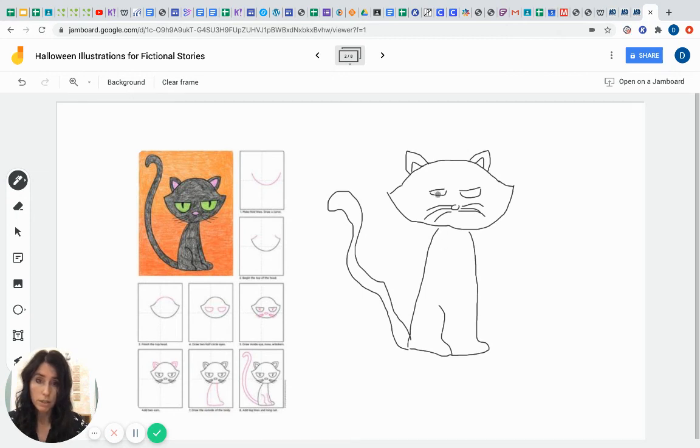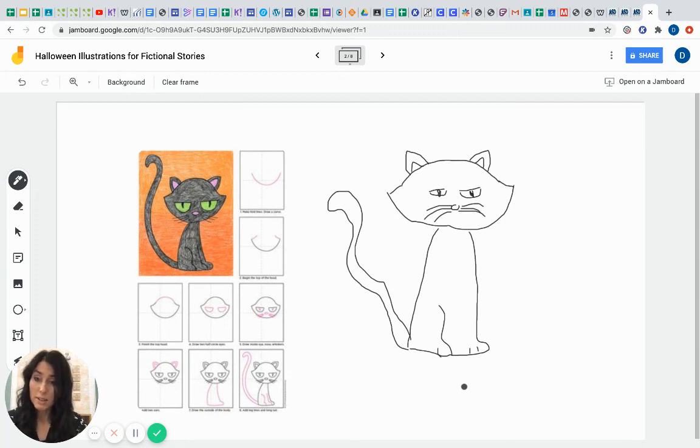Don't forget some nice looking pupils in that cat's eye. And they need to be black. So color them in. And then maybe put some little paw markings on. Ta-da! And then you would just color it.